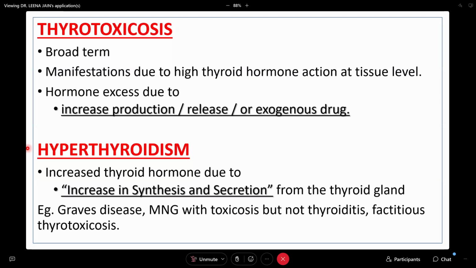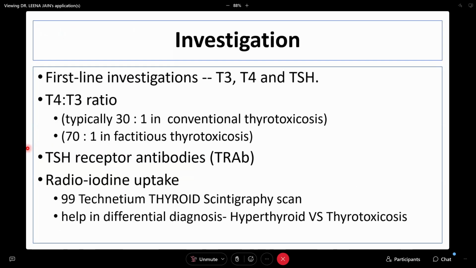It could be in Graves' disease, in MNG, that is multinodular goiter with toxicosis, or in factitious thyrotoxicosis. What are the first line investigations? Again the same basic investigations: T3, T4, TSH. You should look at the ratio of T4 and T3.